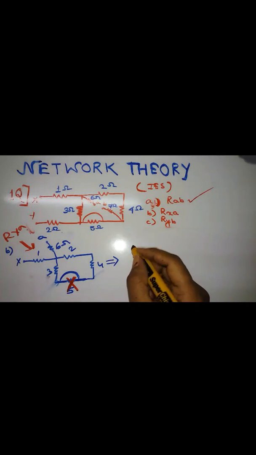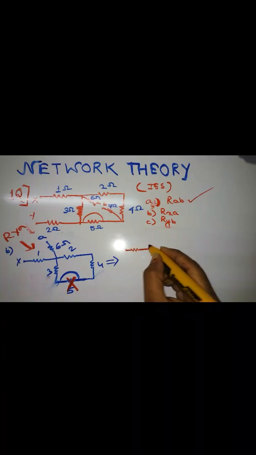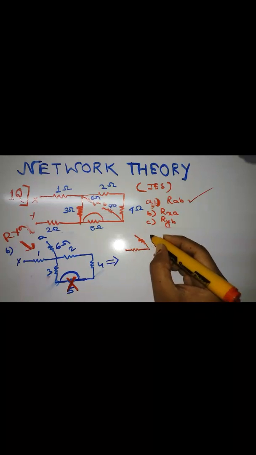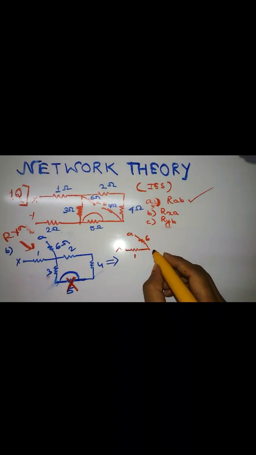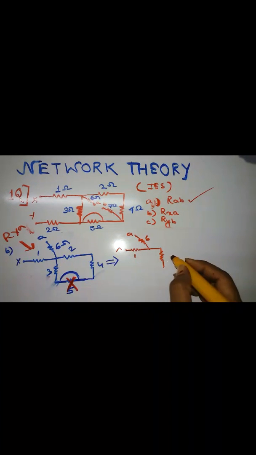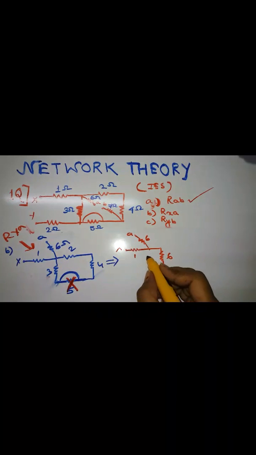So your diagram will be 4, 5, 6, these two in series, and this 3 will be there again, okay? Now here you tell me, are these two in parallel or are these two in series?